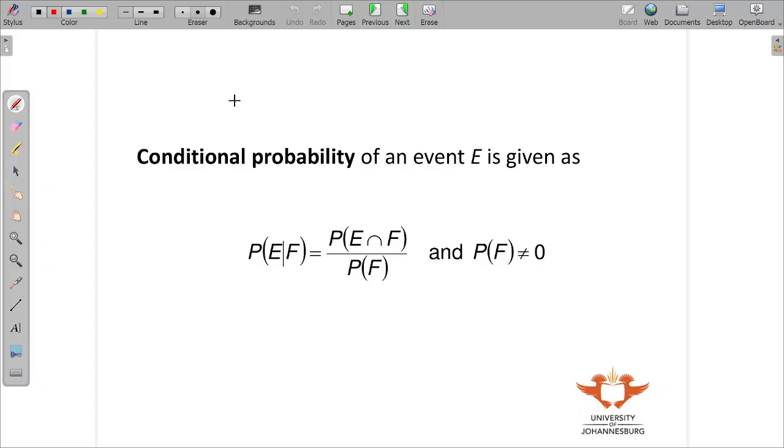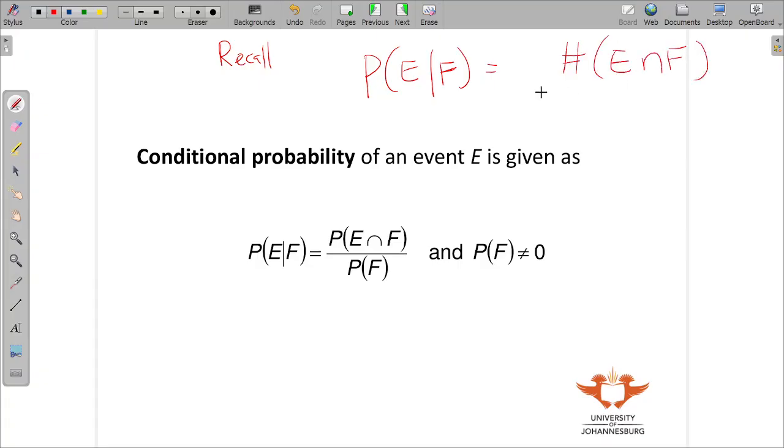So for conditional probability, recall before that we said that for E given F, we can use numbers to find it. We count the number of intersection over the number of F. But sometimes you don't have the number, you have the probability.